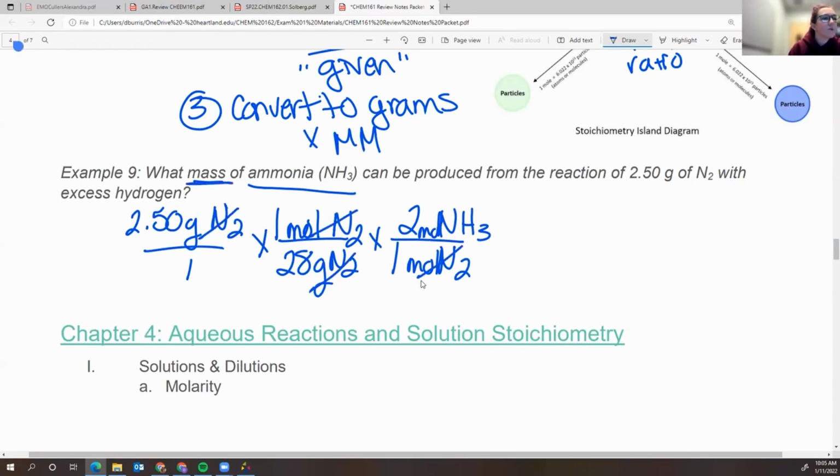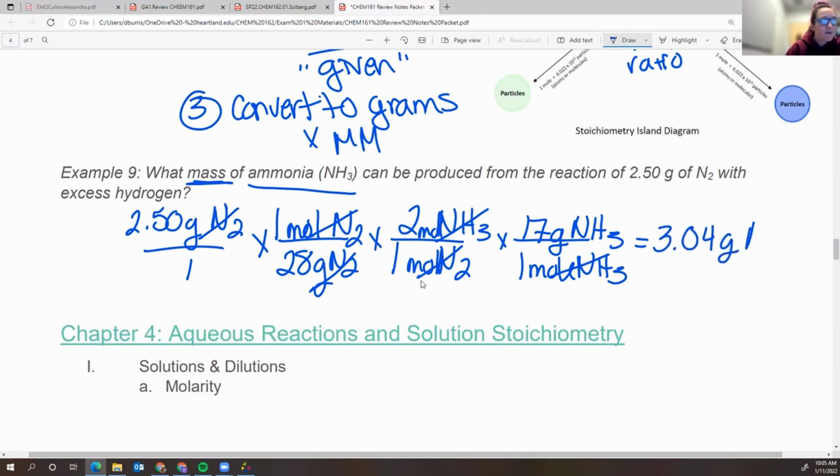The question asked for mass, so I have to convert back to mass. 1 mole of NH3 has a molar mass of 17 grams. That cancels. Now I just have to math it out: 2.5 times 2 times 17 divided by 28, or whatever method you want to type into your calculator. You're going to get 3.04 grams of NH3.